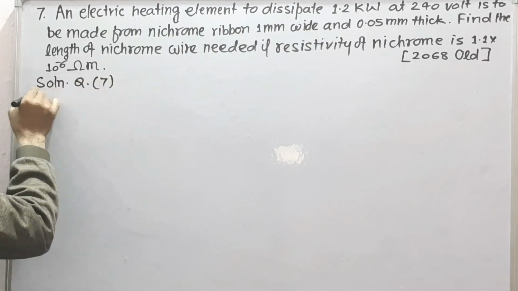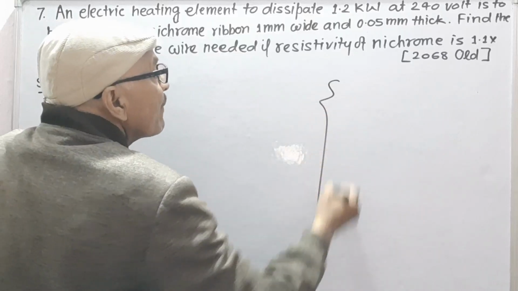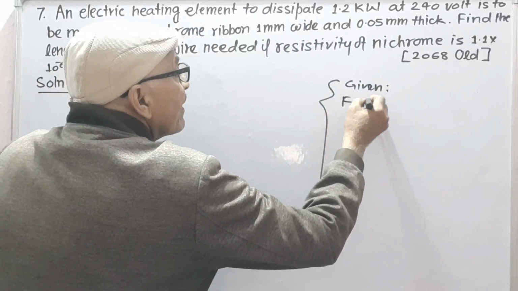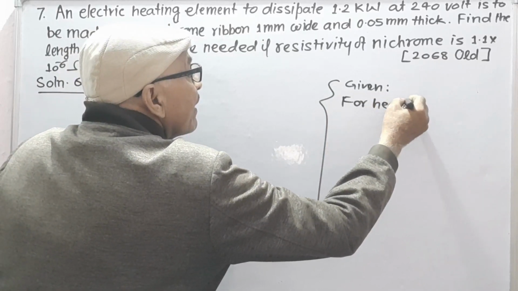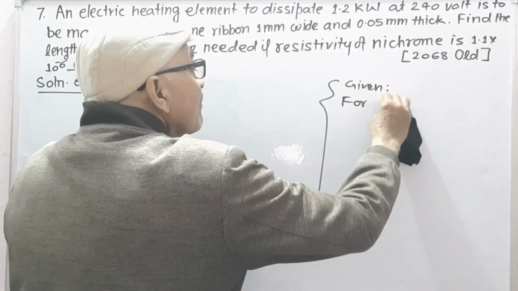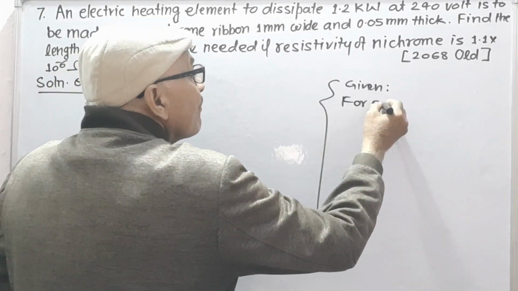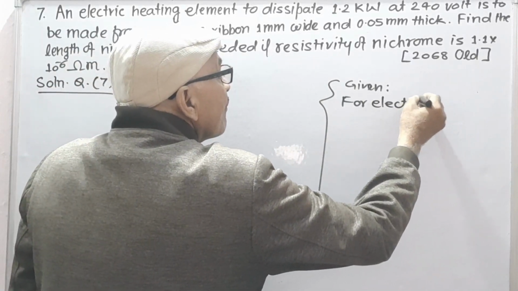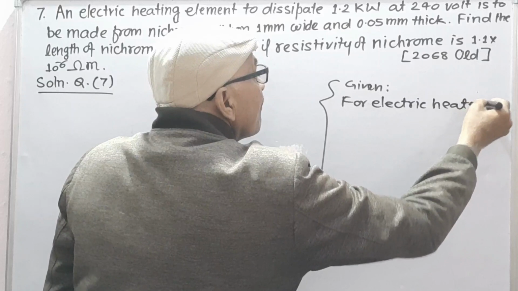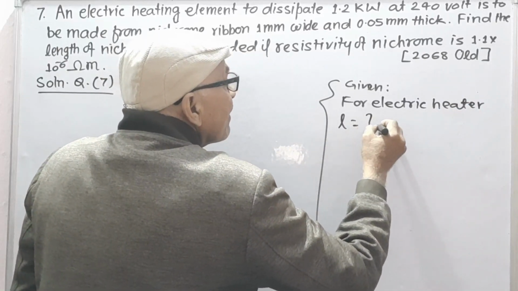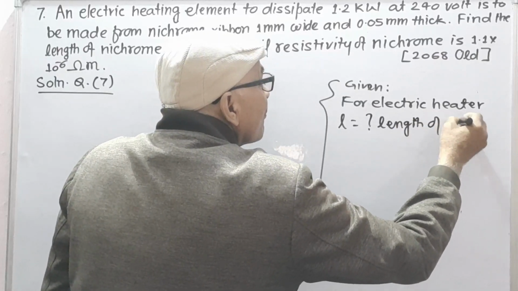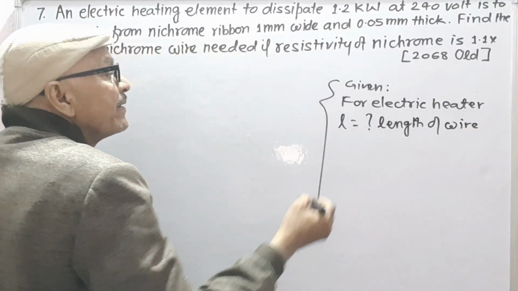Now, solution to question 7, here given, for the electric heater element, the length of wire which is in the form of ribbon.